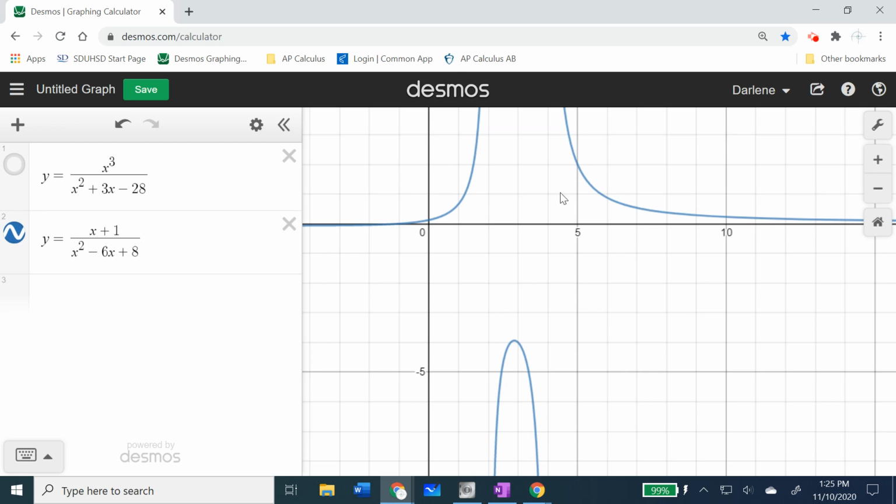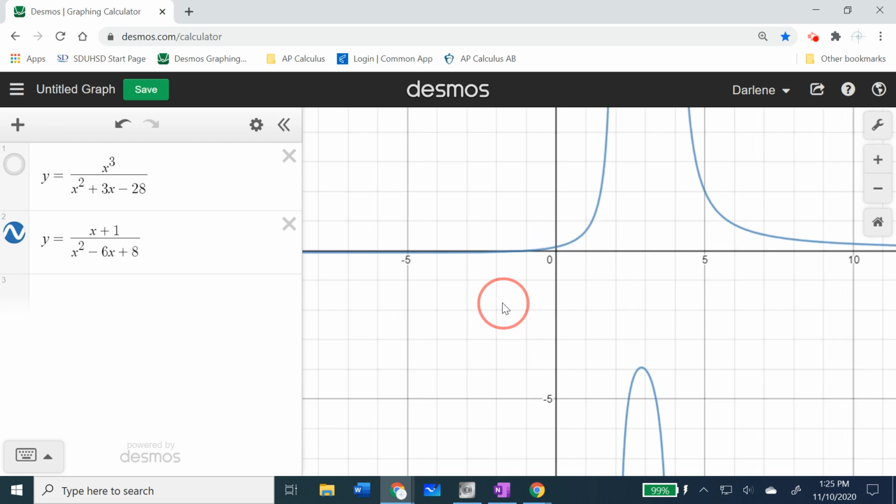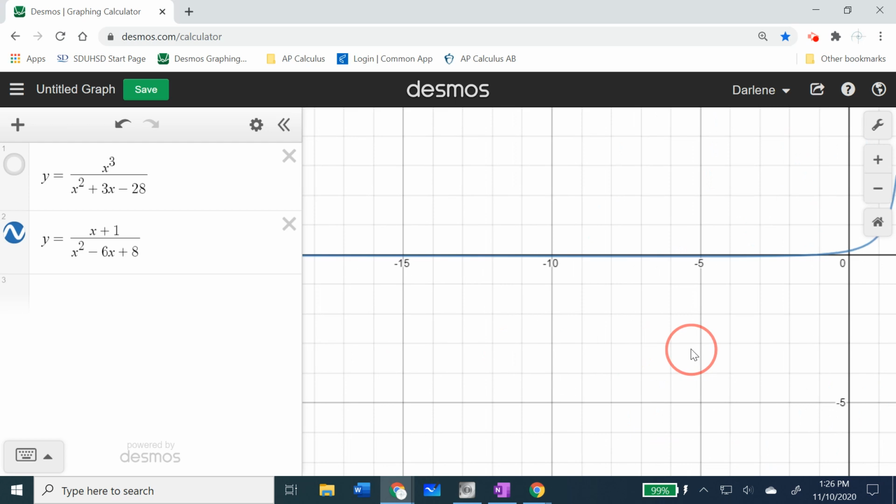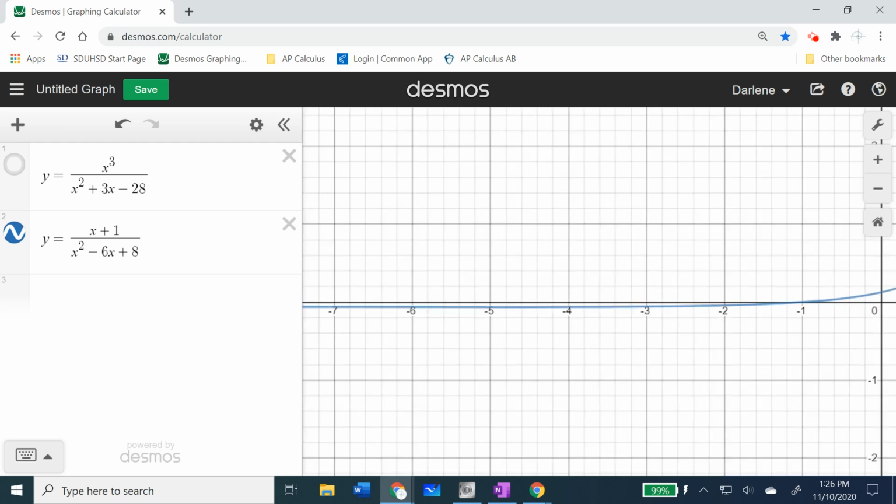You can see the two vertical asymptotes. You can see that the graph crosses the x-axis at -1, but very important, it's crossing the x-axis over here at -1, but it has to come back up to the horizontal asymptote. We can't see that very well.